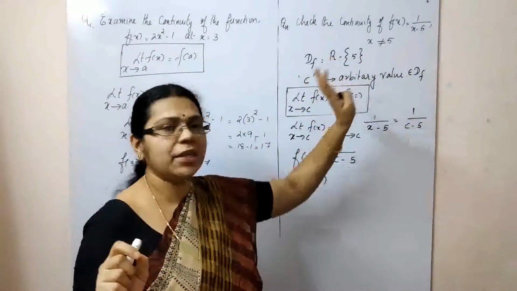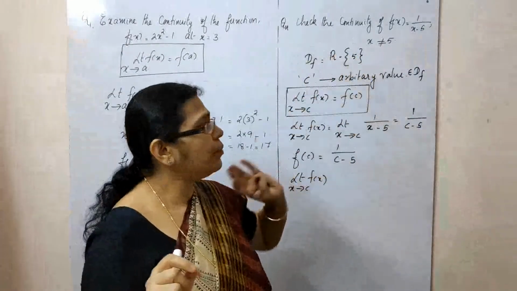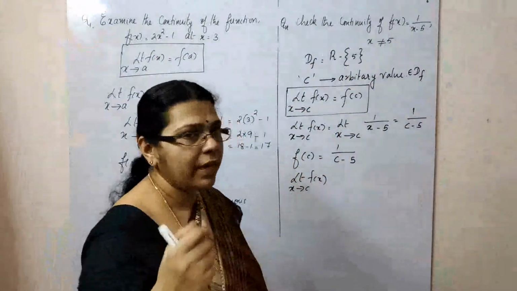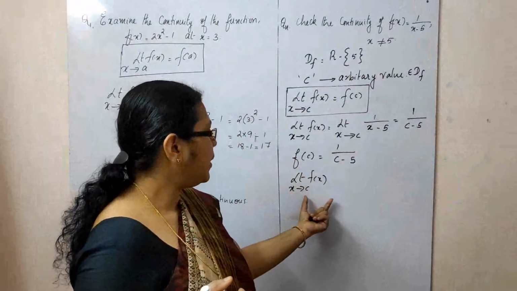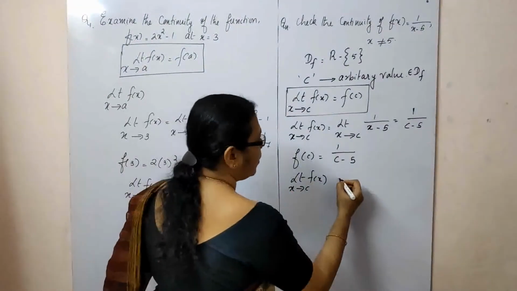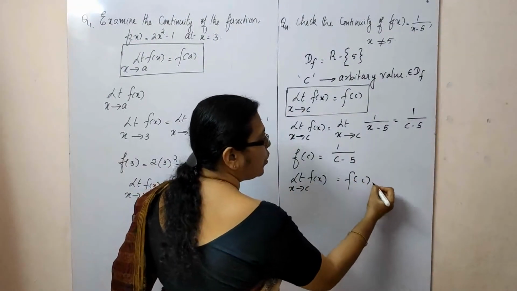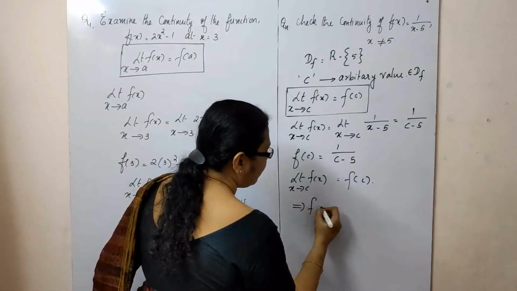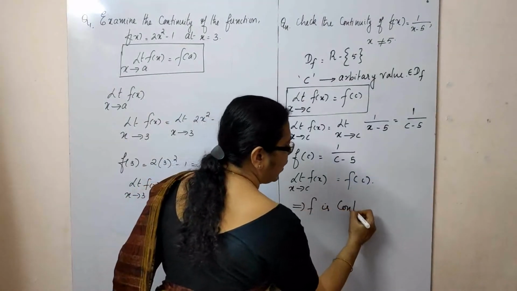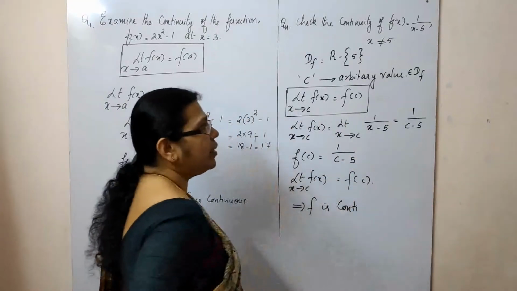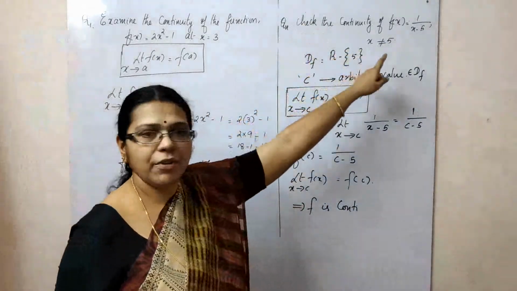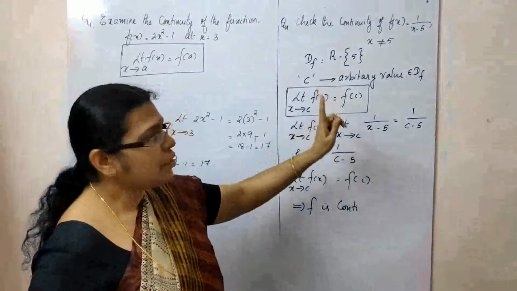Whichever value that you want to give that belongs to the domain of the function, the value c can be taken with that value. So, you see that limit x tends to c of f of x is equal to f of c. So, what do you conclude? This implies f is continuous in the domain that is given. So, we are asked to check for the continuity of f of x where x is not equal to 5.